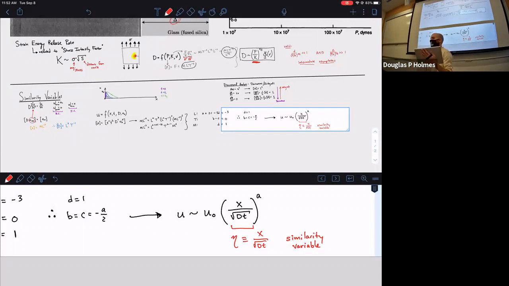We could have picked a different one and arrived at a different write-up for this problem. Had we chosen to keep, I think, B as the unknown, we would have gotten something that was a little bit flipped. We would have gotten like dt over x squared as our dimensionless quantity in there.